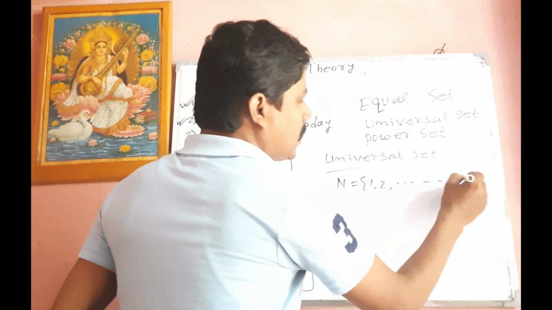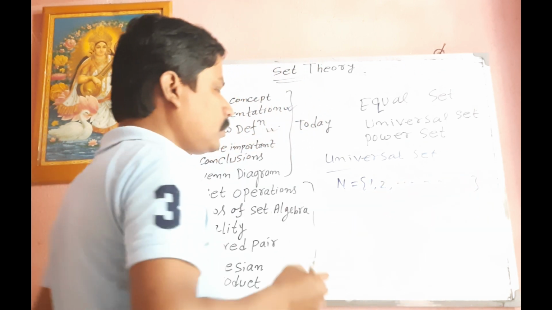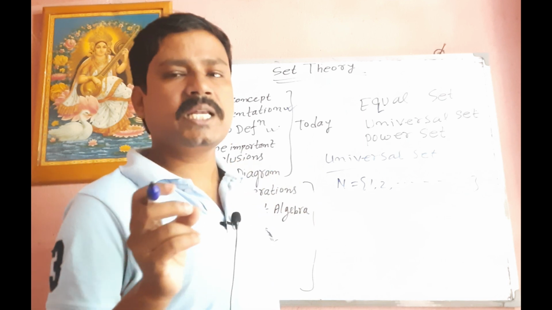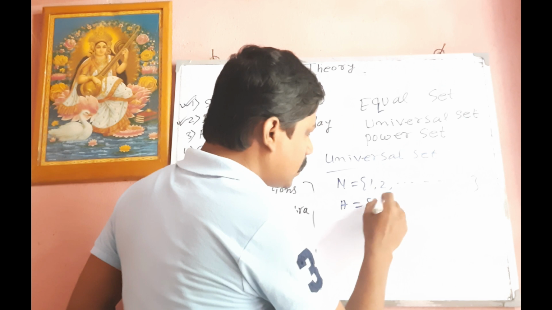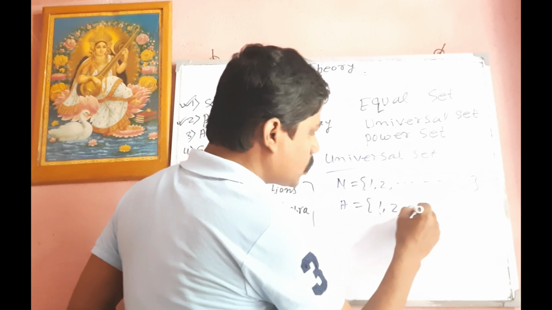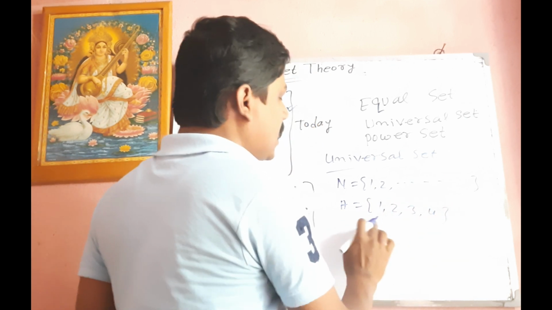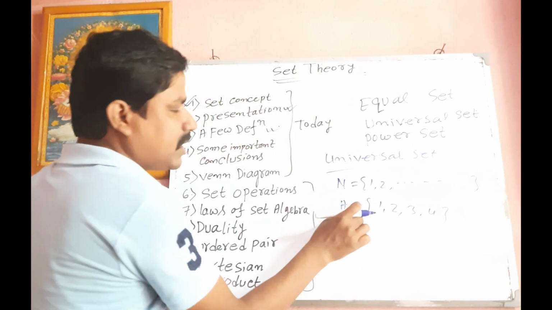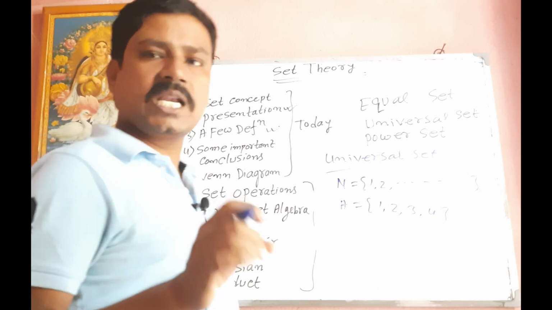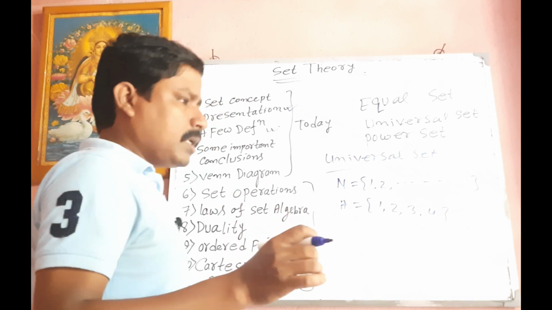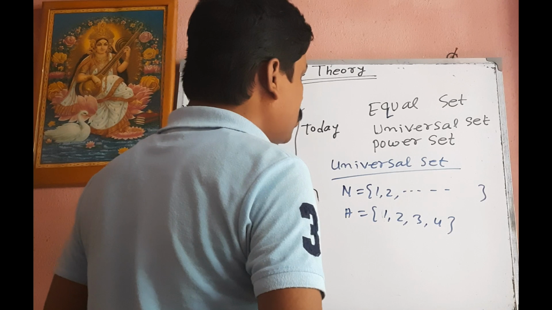So when you discuss a set A with numbers 1, 2, 3, 4, then in this discussion for the set A, the universal set is capital N, the set of natural numbers. So this is the complete universal set concept.